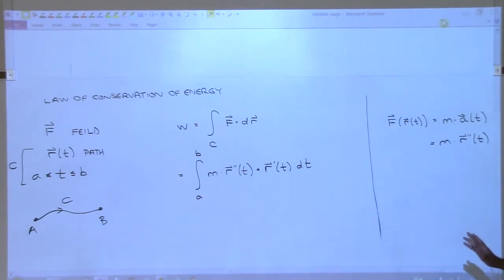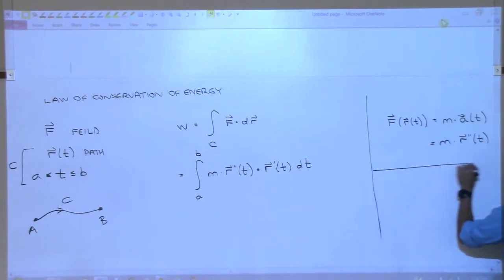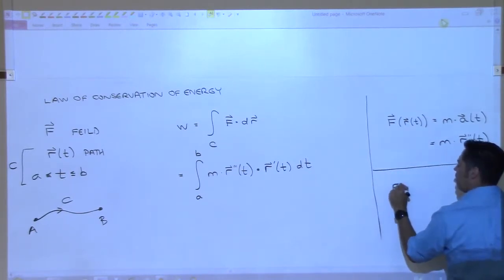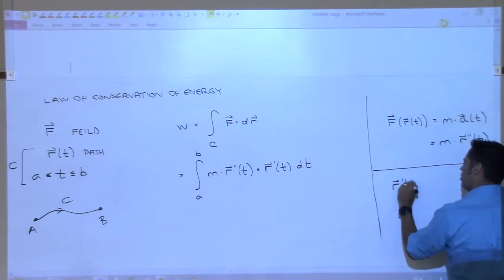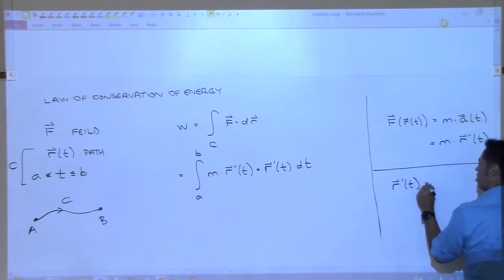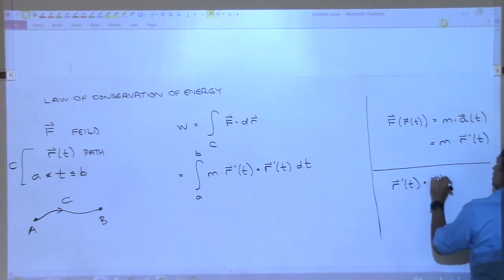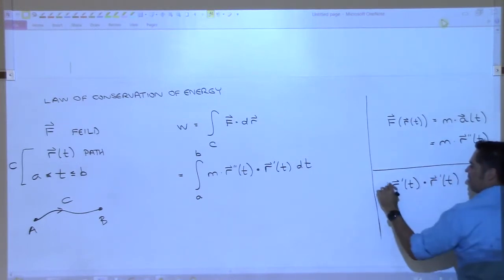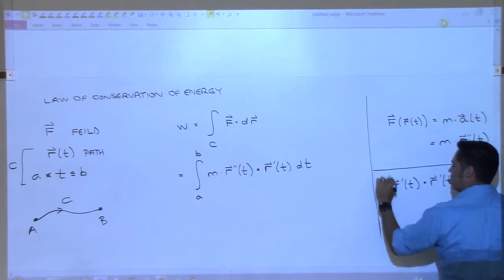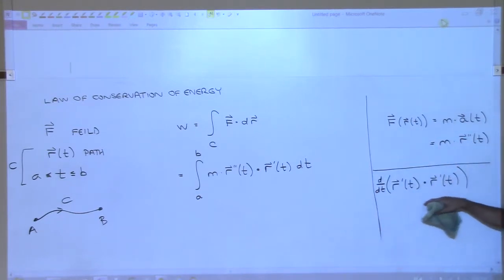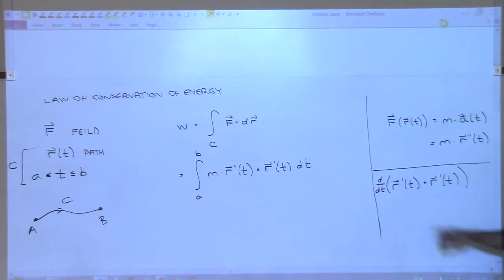Okay, now one little side note, everyone. What if I were to take r prime, dot it with itself, and then take the derivative of this with respect to t? Now, don't necessarily ask why I'm doing this yet. What's the algebra that we would do here? What's the derivative with respect to t of this dot product? Do you remember how we do that? It's just like the product rule.